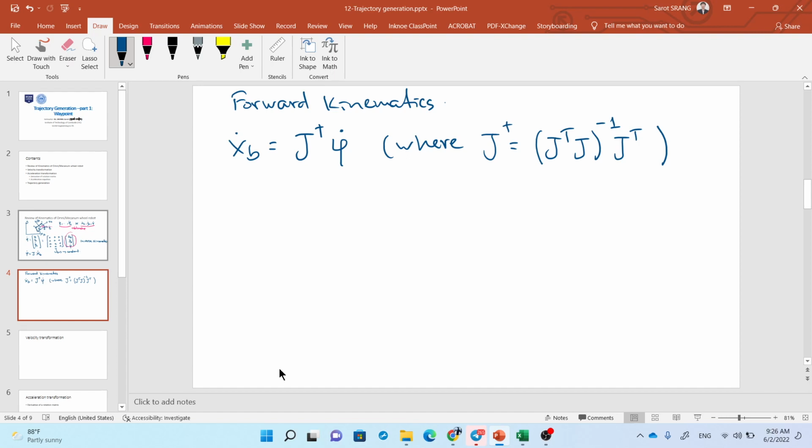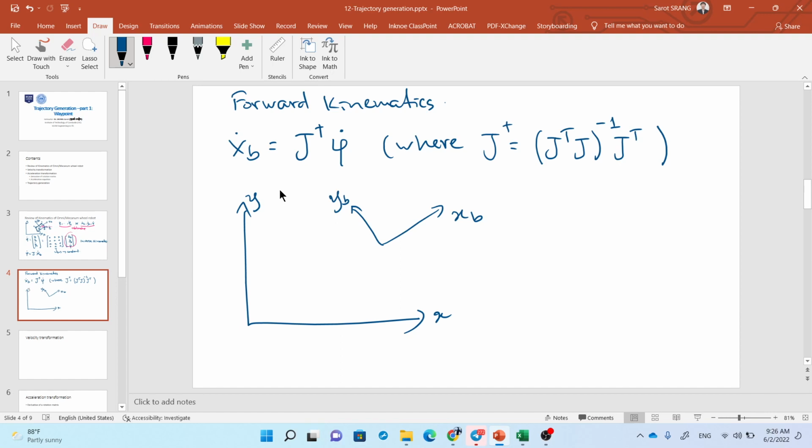And the next part that I'm going to explain is about transformation of the velocity vector in the body frame to the global frame. So let me draw it again. So we have body frames like this, and the vector of velocity, okay, velocity vector Hb dot is here.